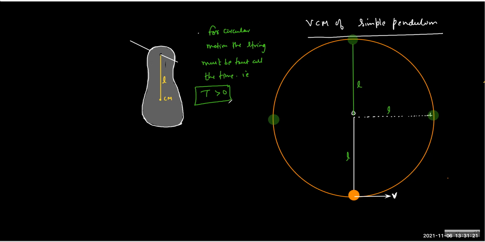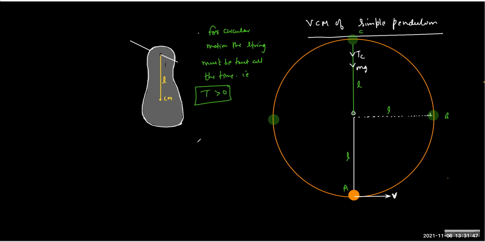So now we must choose a point where the chance of it becoming zero is highest. And we can see the point is the topmost point. So at the topmost point, the chance that tension will be zero is very high. Why? So look at the FBD of this point. So the tension is like this.